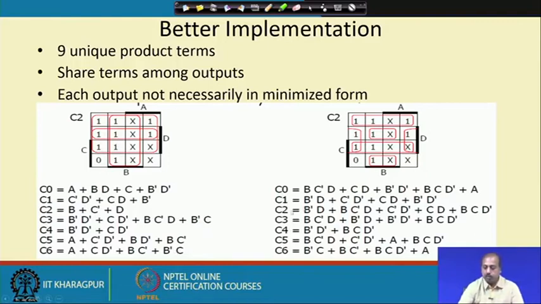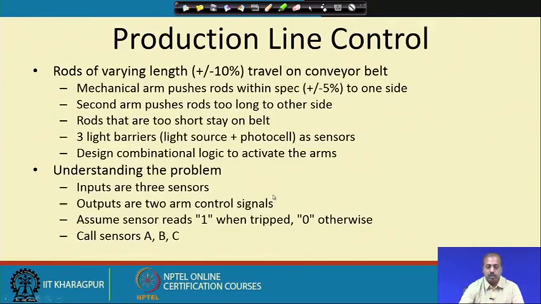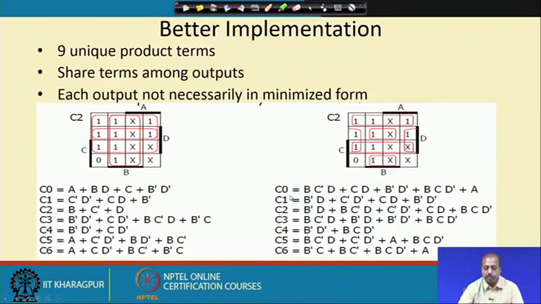So, what we do, we can modify it so that this commonality can be used. That way I will have less number of terms. So, less number of terms will be realized. They will share the outputs, and then of course, each output is not in minimized form.